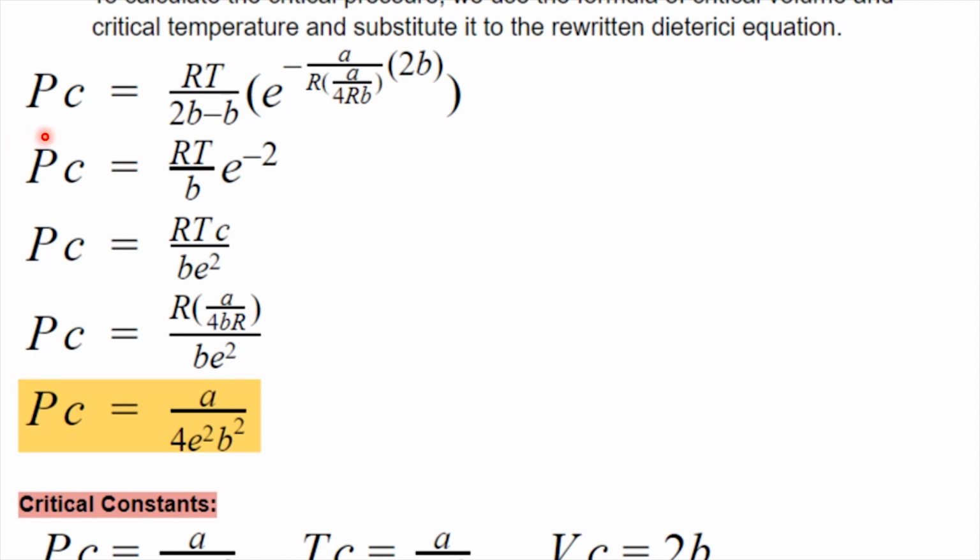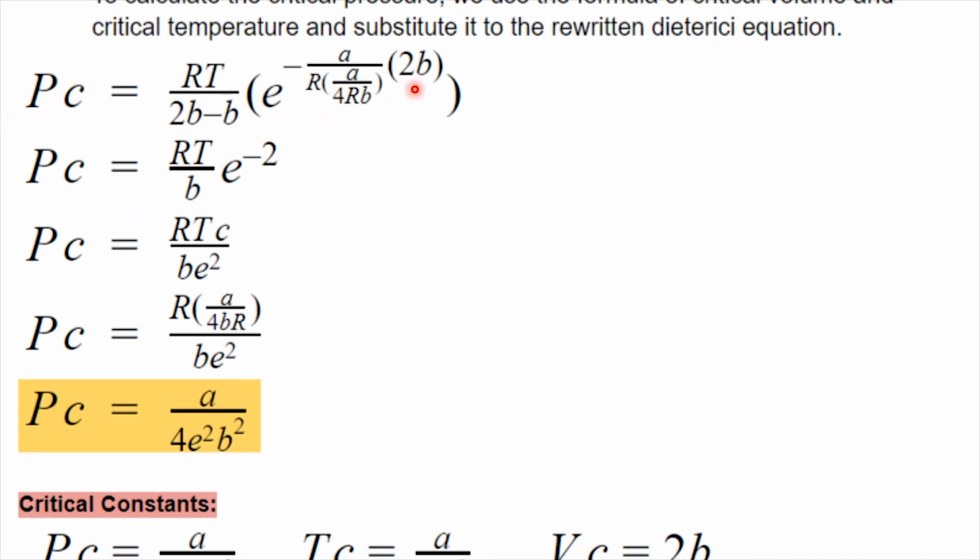So we have Pc is equal to R Tc all over 2b minus b times e raised to negative a all over R Tc times 2b, and substitute Tc with a all over 4Rb. Sorry, this 2b should be in the denominator. It should be R times a all over 4Rb times 2b.